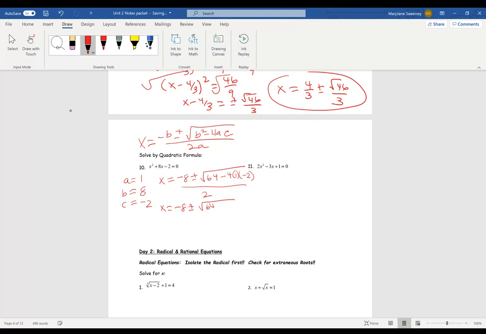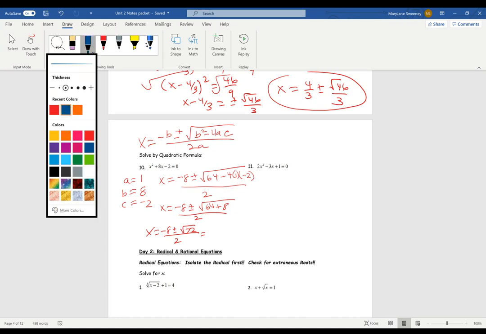This is 64. Now minus 4 times minus 2 is a positive 8. So I have a radical 72, or I have 72 under the radical. Now, some mistakes I see people make at this point.